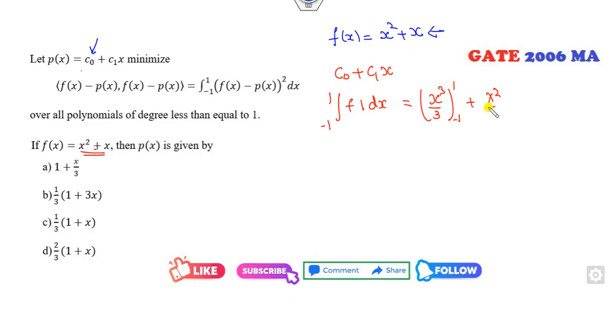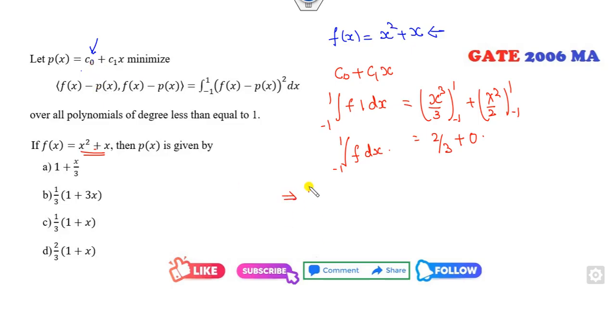X will be x square over 2 from 1 to minus 1. So it is my 2 over 3 plus 0. Fine. And what is the answer of this is minus 1 to 1 f of dx. Is it clear?